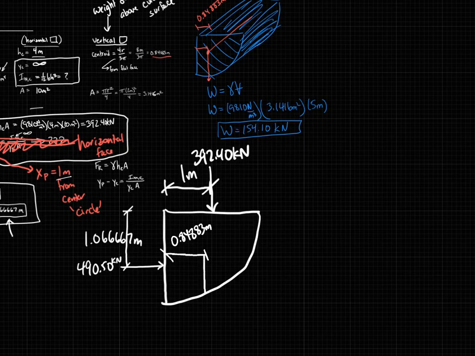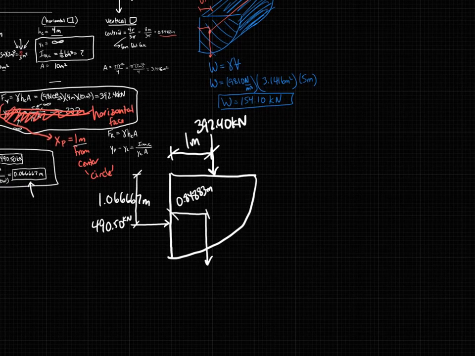And we're going to have the weight going down this way at 154.10. Sweet. All right, what else? Oh, I should note that this weight is also happening, that same distance going up, right? So we have all of that going on.